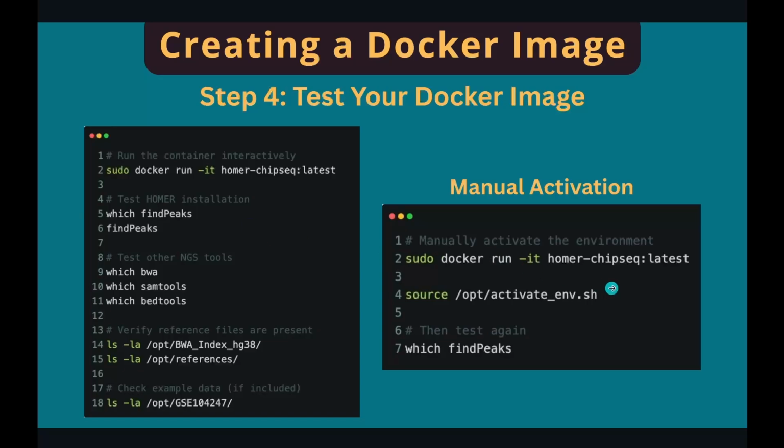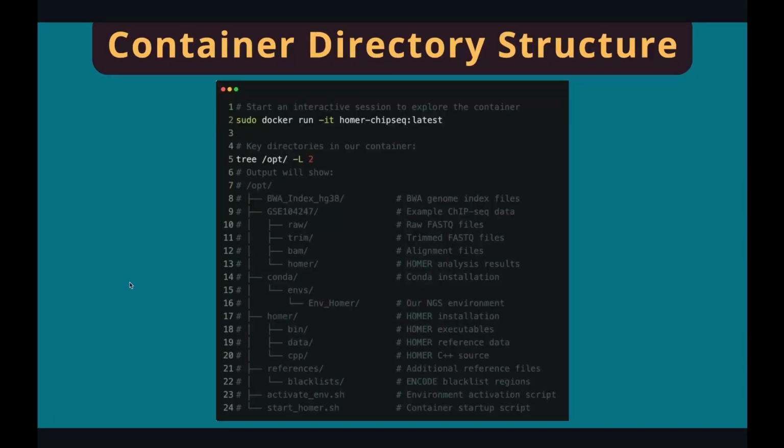So we can activate the environment manually using the environment activation script we created in the previous step. We can check the file system of this virtual environment in the Docker image using the tree command. It shows the file system structure in the environment. As you can see, we installed everything and copied all the files in the OPT directory.